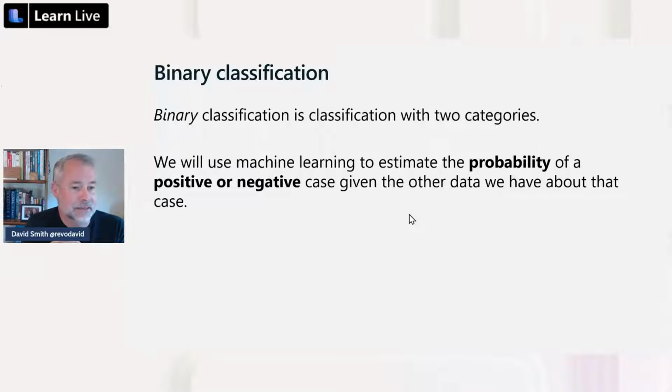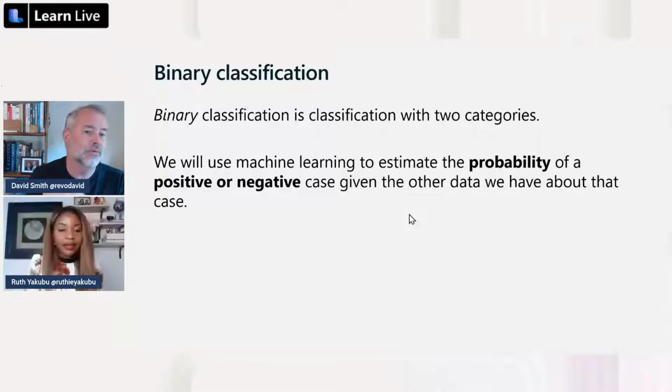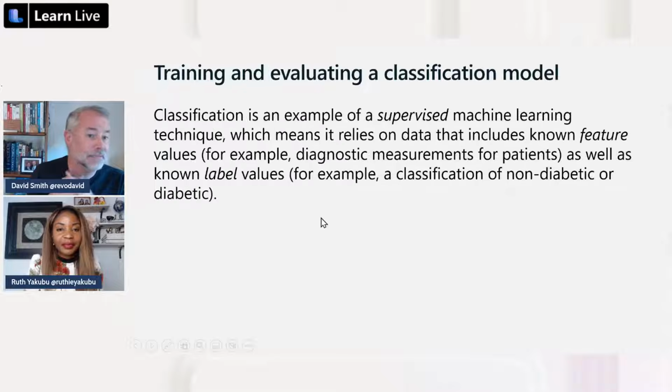That might indicate that they just have a naturally high blood glucose level, or it might indicate that they are actually diabetic. You might imagine there are 100 different people who all have a blood glucose level of 90, but they wouldn't all be positive or all be negative. So in that case, we assign a probability to that case, and then we build a model to estimate that probability from all the data we have, which we then use that trained model to do the classification.